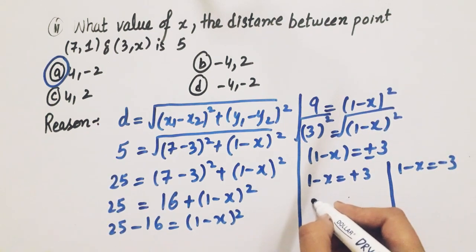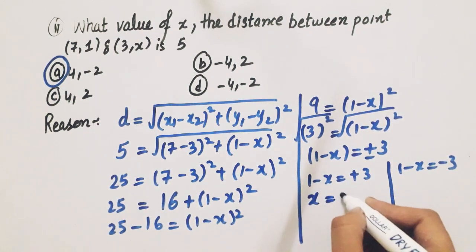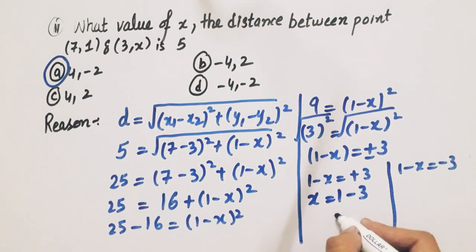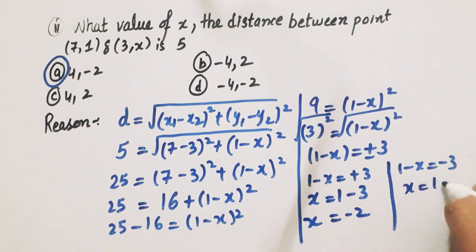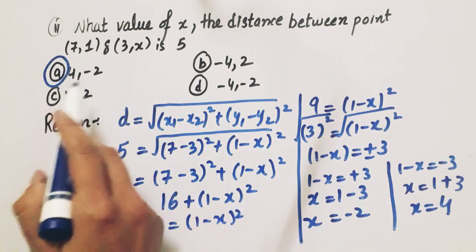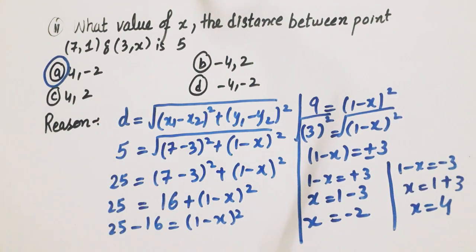So x is equal to 1 minus 3, which is equal to minus 2, and x is equal to 1 plus 3. So x is equal to 4. So x is equal to 4 and x is equal to minus 2. This is the correct option. Now we will solve 12th MCQ.